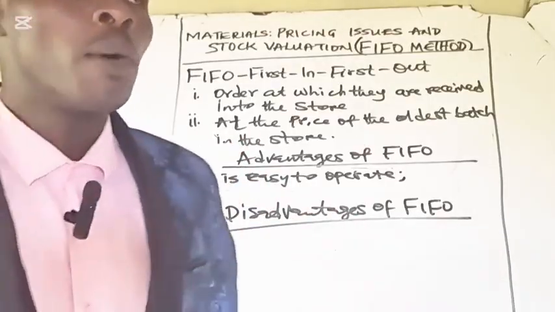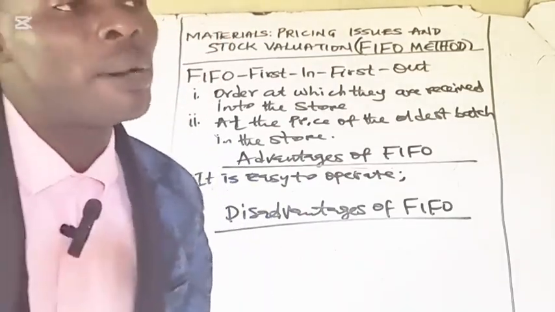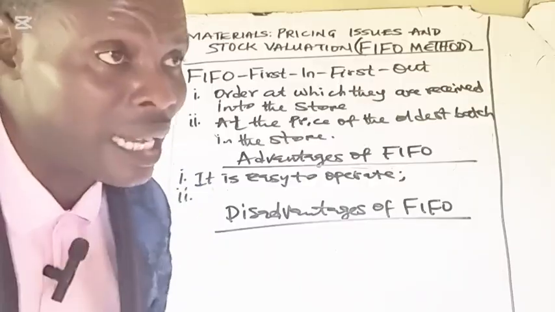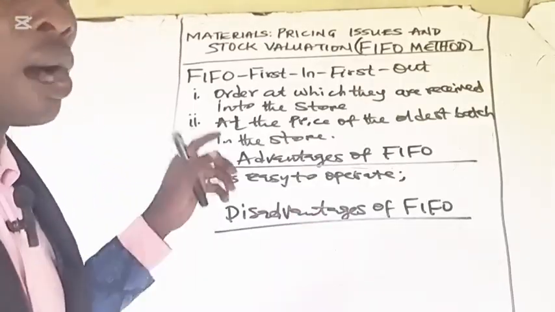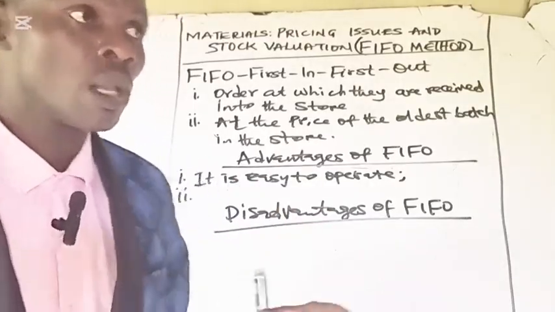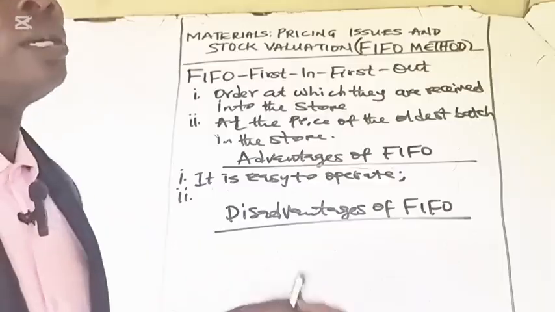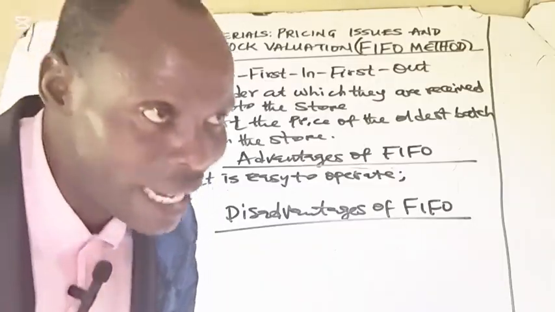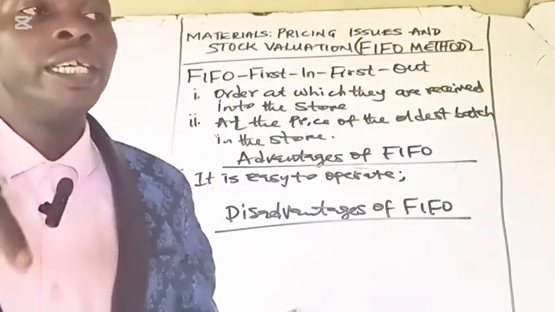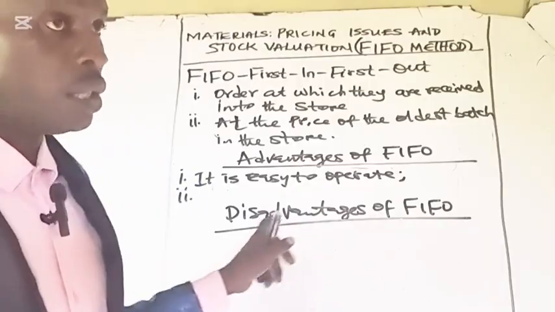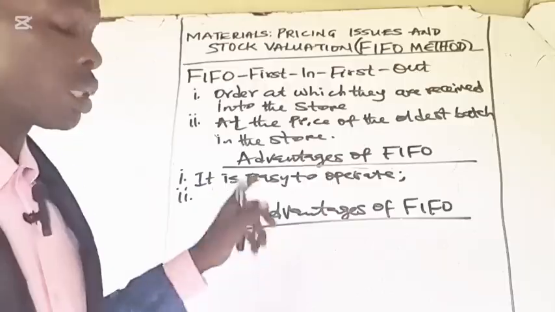Number two, production cost does not represent the prevailing market price since it is based on the oldest material cost.